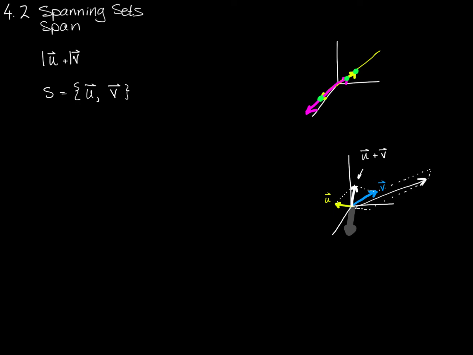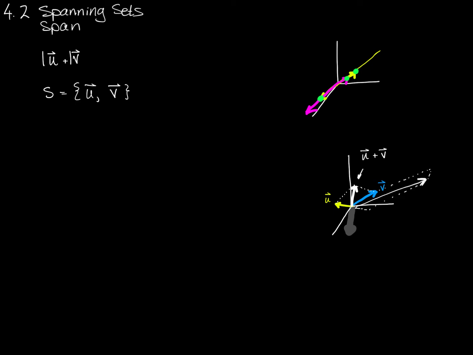So you end up then with the entirety of R3. But you need, in order to do that, 3 vectors going in 3 different directions. Theoretically, we could talk about the span of 4 vectors in 4-dimensional space being what we need to span all of R4.